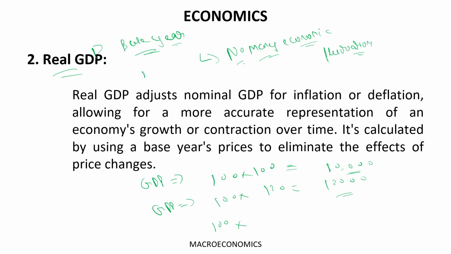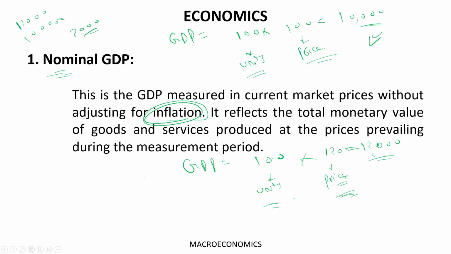Like the price of the base year may be 80 rupees, or maybe 100 rupees, or it is the same. So the outcome will be the same as it was. Okay, so by this you can see if there is a fluctuation of 2,000 in the final value of GDP, then the reason is not an increase in production but an increase in price. So that's how real GDP and nominal GDP are defined.